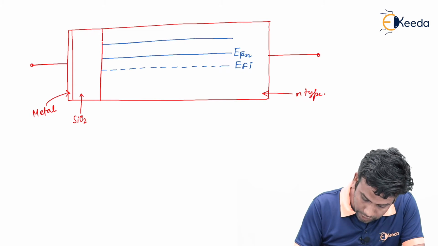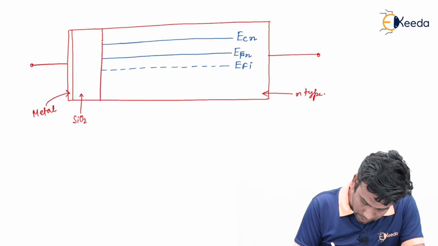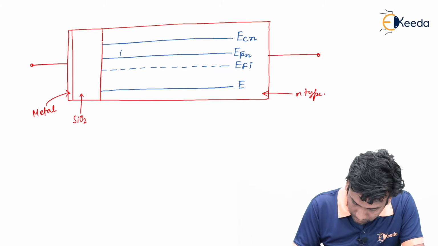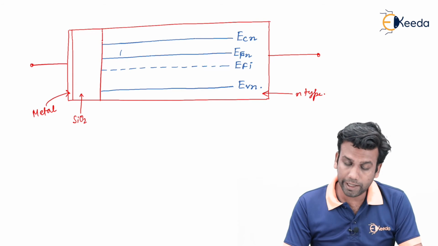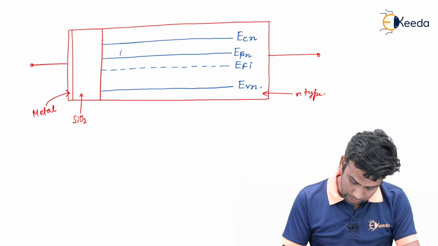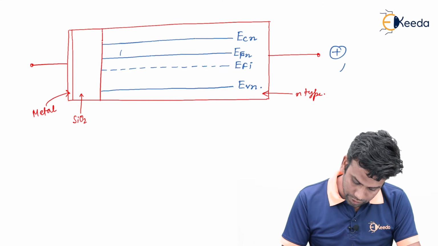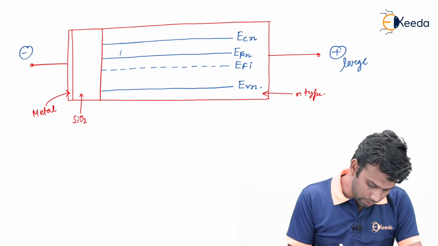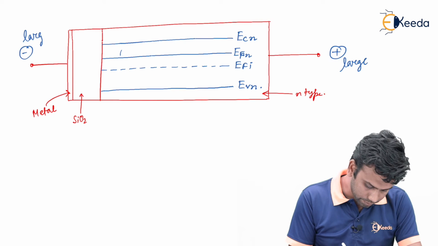So this is the conduction band minima ECN, and this is the valence band maxima, that is EVN. So this is the band diagram before applying the potential. Now we have applied a very large positive potential here, and a very large negative potential here.